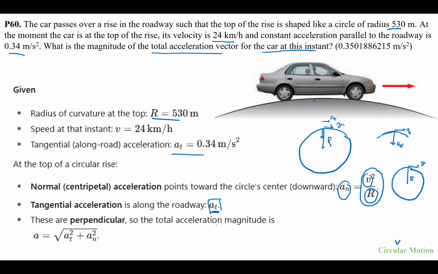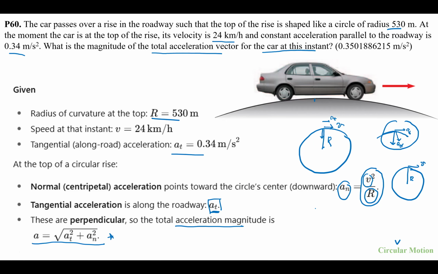Total acceleration magnitude is going to be given by these two components, at and an. And then you can find out the total acceleration magnitude is given by this one. And then what is given?